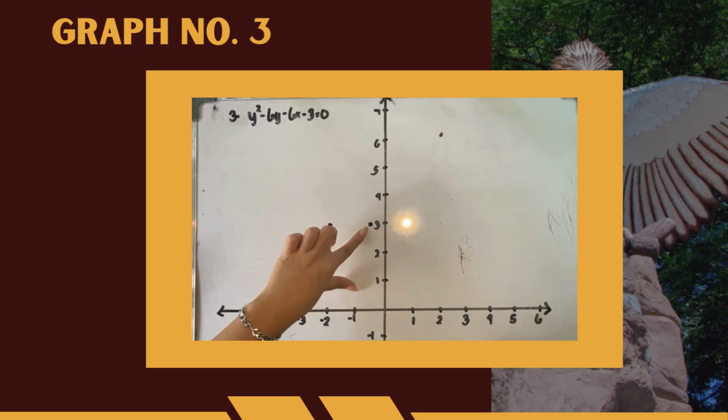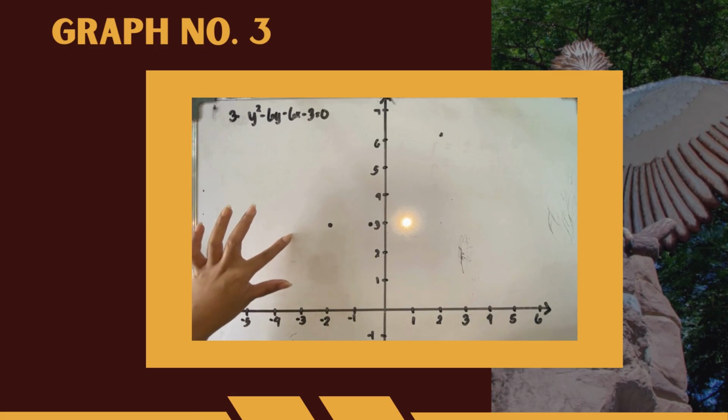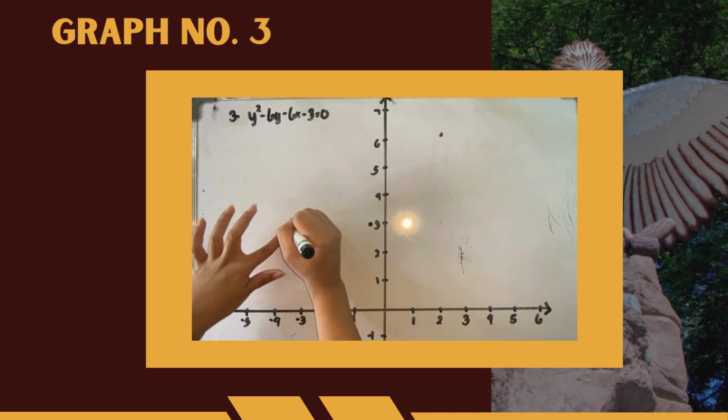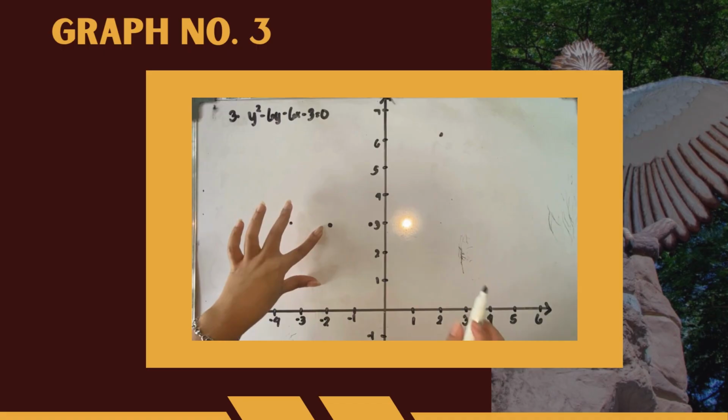And our directrix is negative 7 over 2, so it's about negative 3.5. Let's graph this.